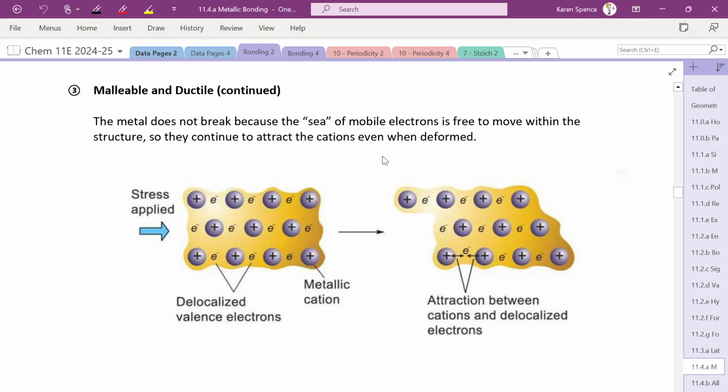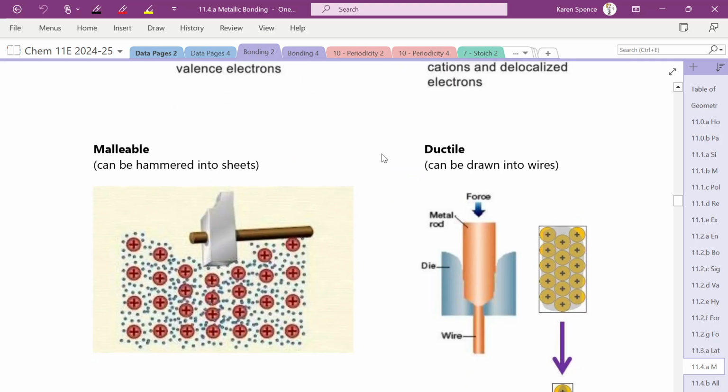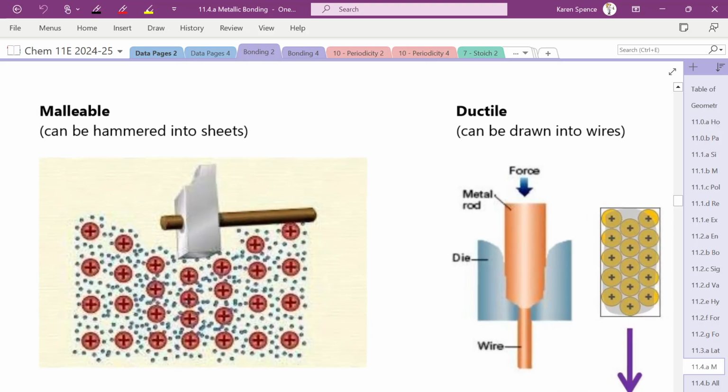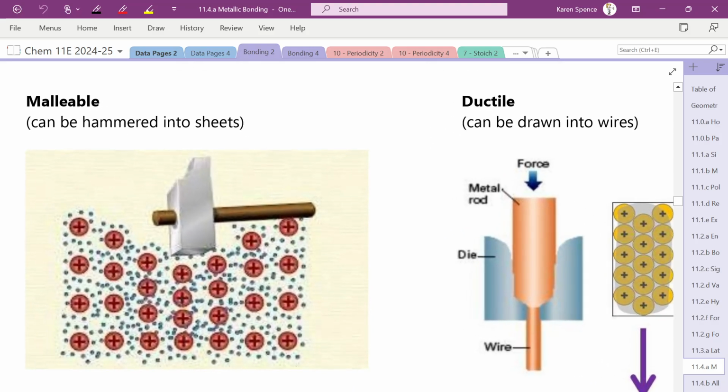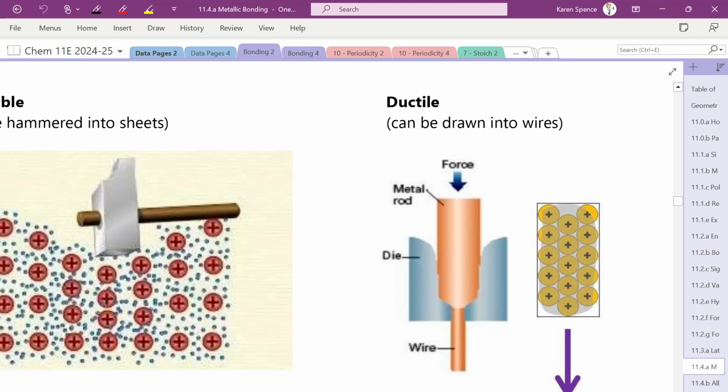Malleable. Ductile, just here's another picture of something being malleable. And ductile is if you force a metal down through what they call a die, which is just something very hard. If you push copper, say this die might be made of molybdenum, which is much harder than copper because copper has 2 valence electrons and molybdenum has 6 valence electrons.